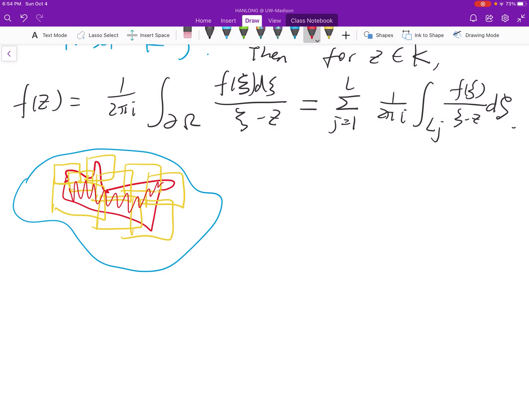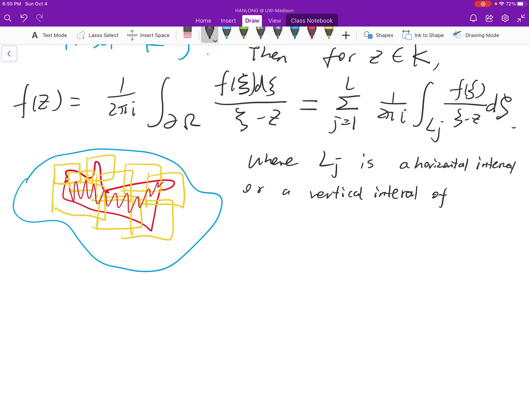Now since you have rectangles, the boundary is made of Lj, where Lj is a horizontal interval or a vertical interval of the boundary of the union of Ri, i from 1 to m.